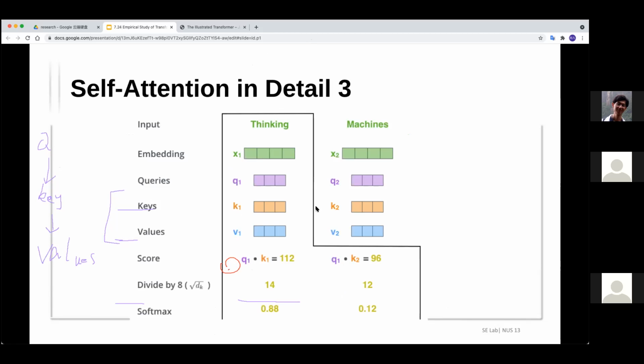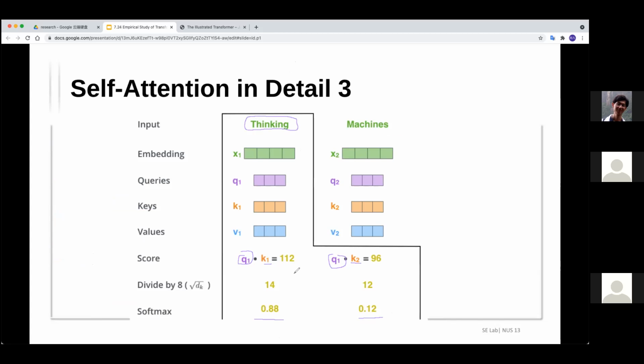Okay. Now the next step is to softmax the scores of the two words. That means "thinking" and "machines" have their corresponding weights. Be careful here: the query, now we are looking at the word thinking, is just Q1 and the keys are different.